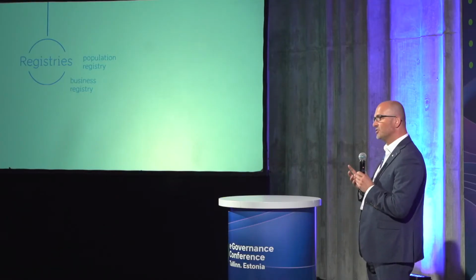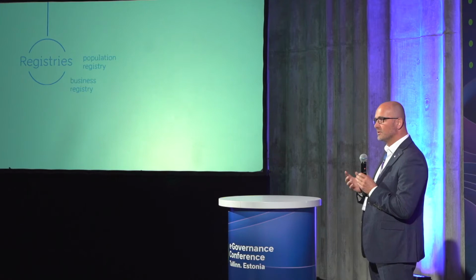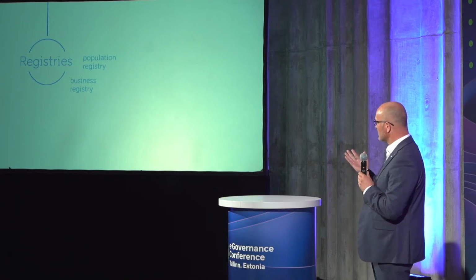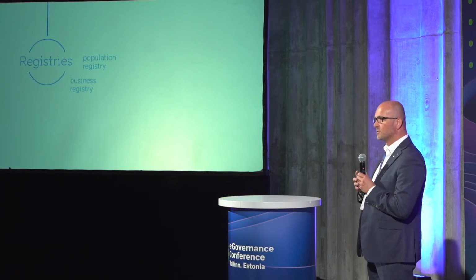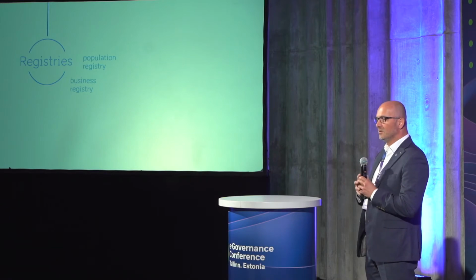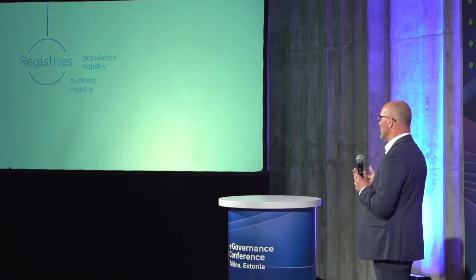So the second one, which is very important, is the business registry. When the population registry is a database of natural persons, the business registry is a database of legal persons. Obviously the name says that we talk about businesses, but it's also the database for all legal entities, be it political parties, NGOs.